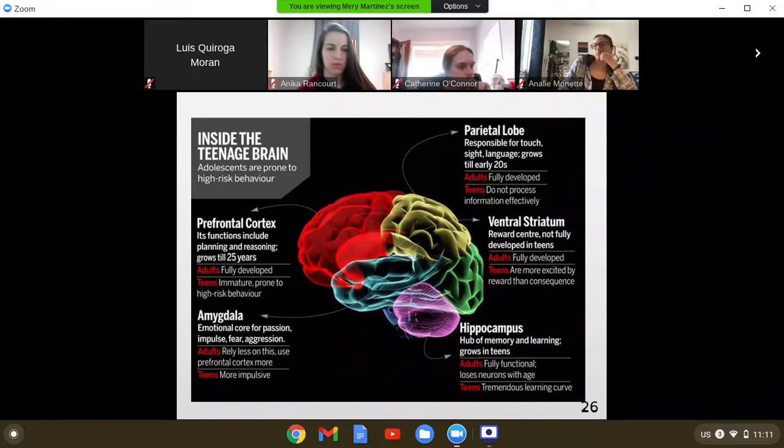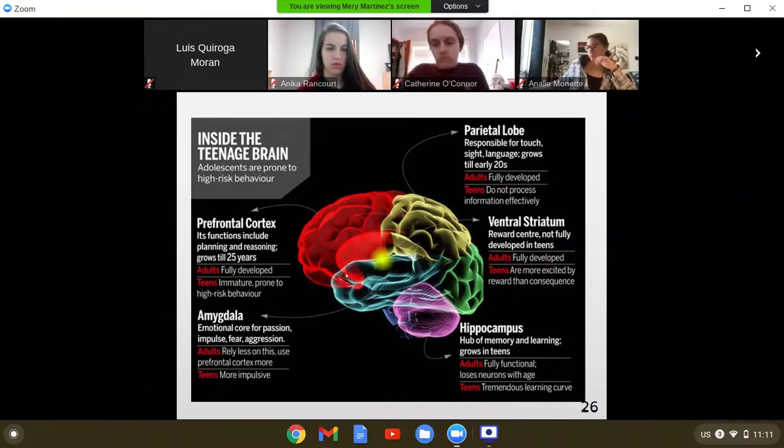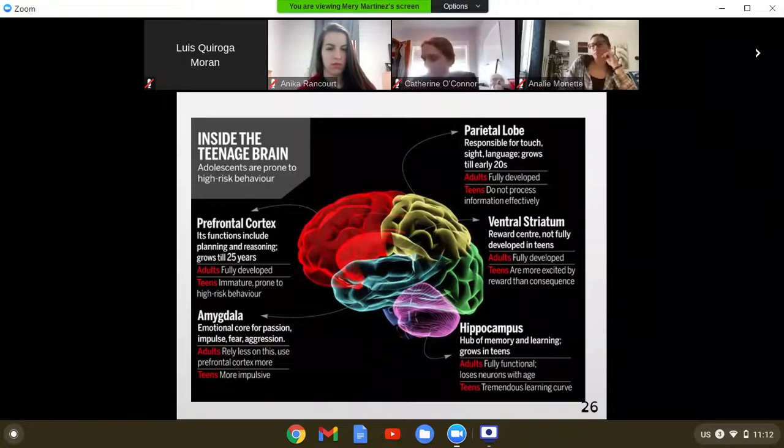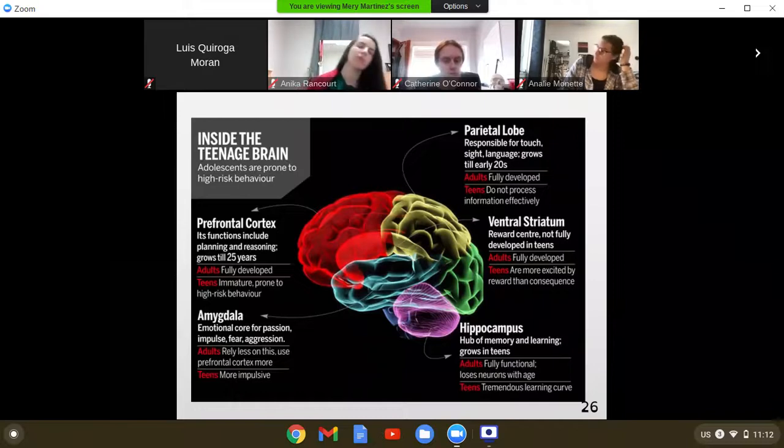So we are measuring what are the consequences if I do this. And this says it normally reaches maturity at the age of 25. Sometimes it's a little later than that. We have the amygdala here. That is the emotional part, so we can correlate situations and emotions in a little different way. The way we reacted when we took tantrums when we were small, they're not necessarily present now.